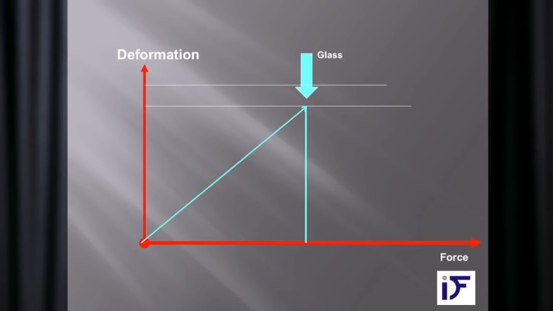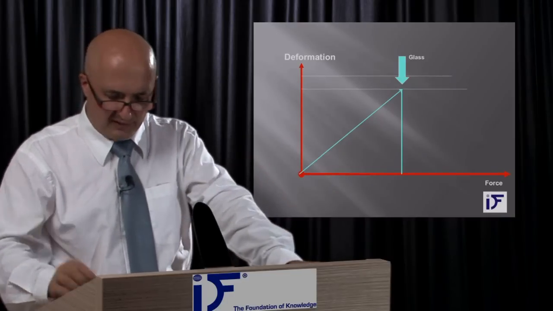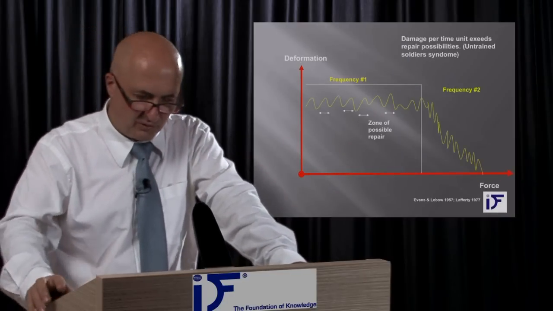To give you an example, if you would have a piece of glass and you would break it, if it reaches a certain amount of force, it would break completely in one piece. You throw the glass and it just breaks. It doesn't just bend a little bit and break later. We don't have this situation in bone.